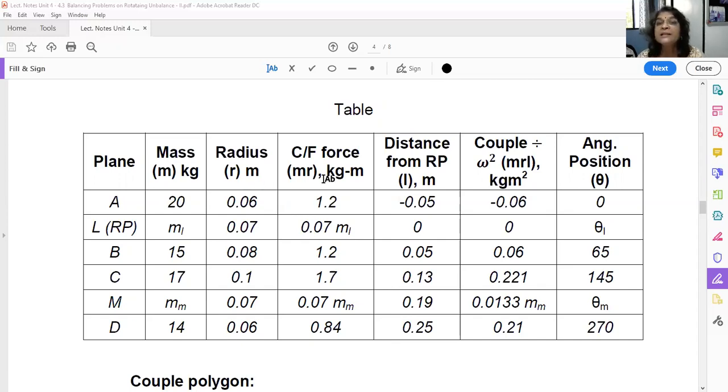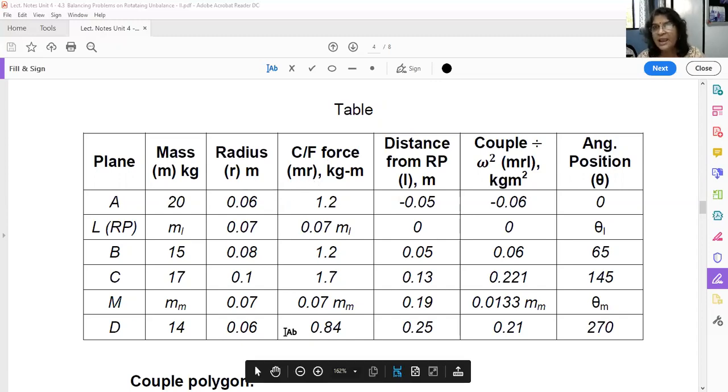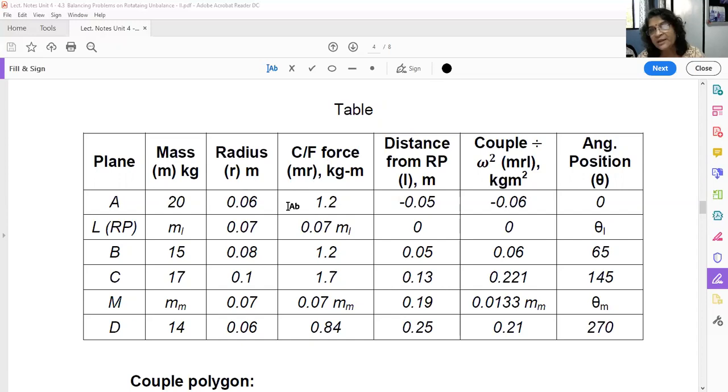Then centrifugal force, which is proportional to m into r. This is divided by omega square, because omega square is common for all the forces. As we are taking summation of forces equal to 0, and RHS is 0, omega square you can cancel because it is present in all the terms.